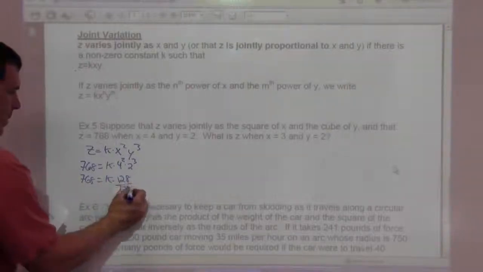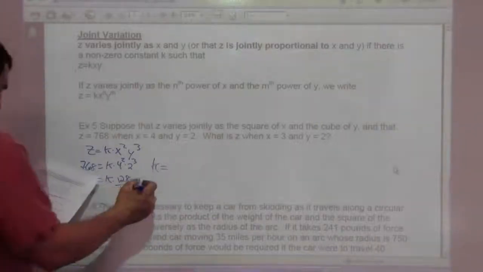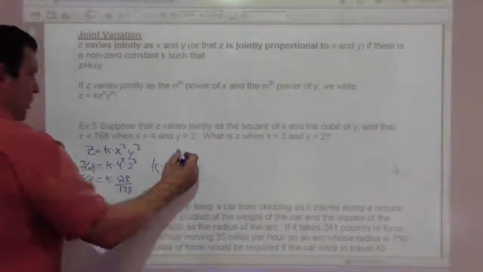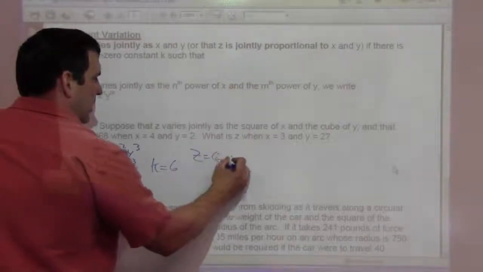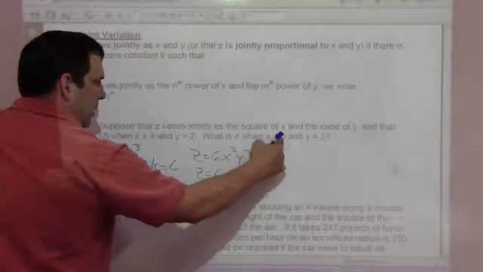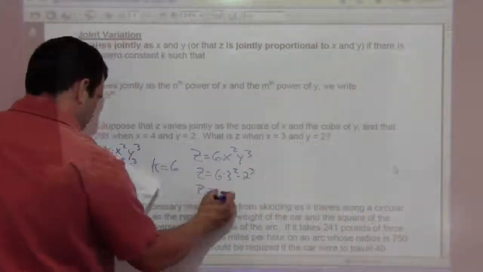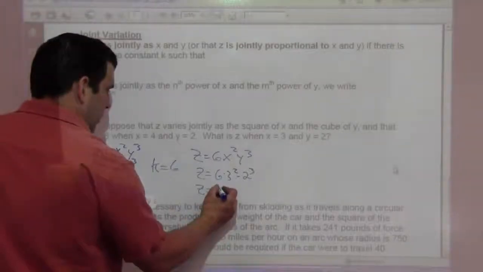We divide both sides by 128, and k is 6. So z equals 6x squared y cubed. Z will be 6 times 3 squared times 2 cubed, and z would be 432.